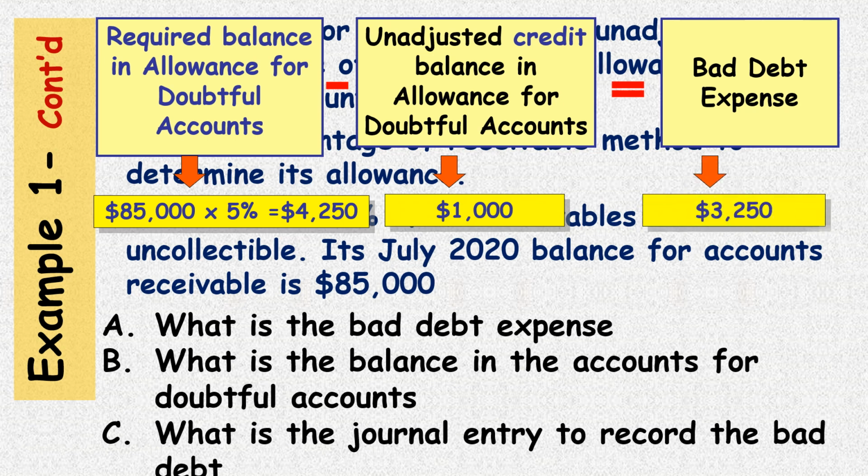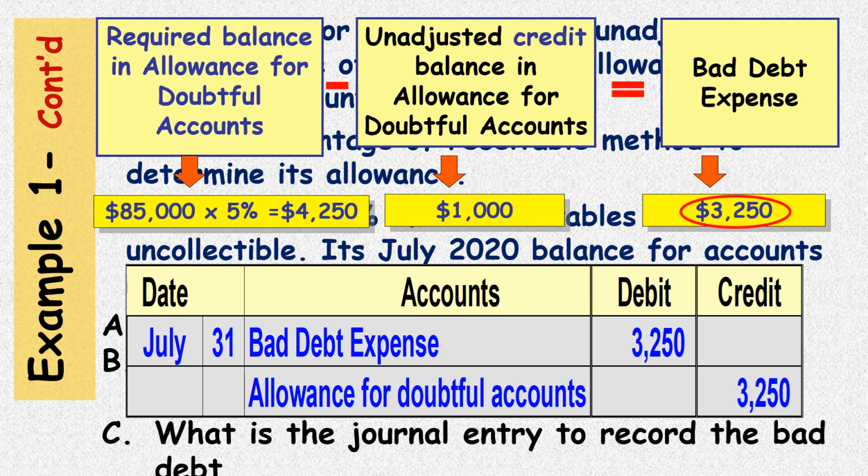That will give us expected bad debt of $3,250. So we need to have $4,250 of allowance in our doubtful account. Since we already have $1,000 there, we need to increase it by the bad debt expense amount of $3,250.